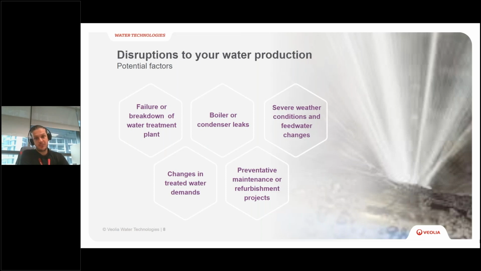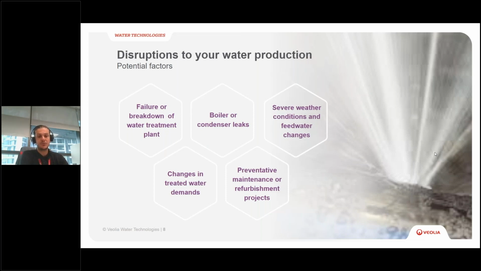You know that flooding is more and more important. A few years ago, there was massive flooding in Australia, but also water scarcity might happen. So severe weather conditions are happening more and more often. How can we solve that issue? There can also be changes in water treatment demands or in treated water demands, meaning that the government might ask you to have cleaner reuse water, for example, or the government might give you water that has a little bit more conductivity.